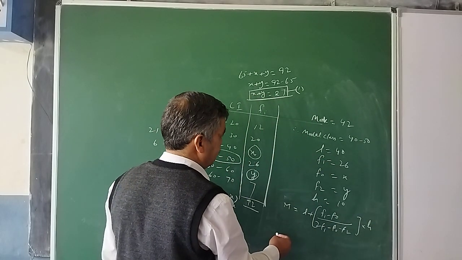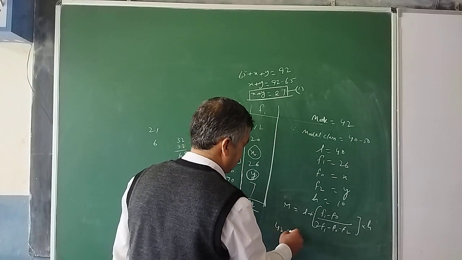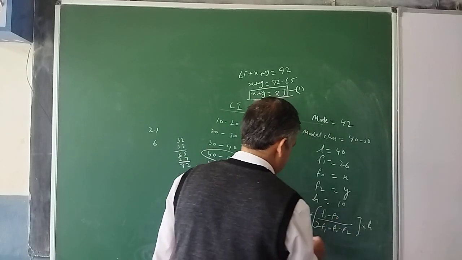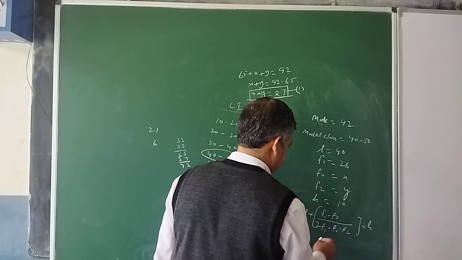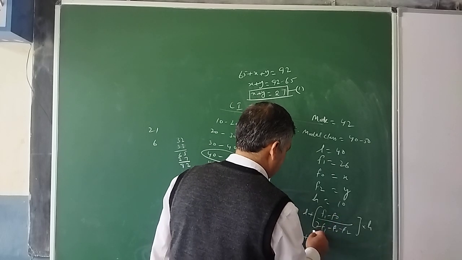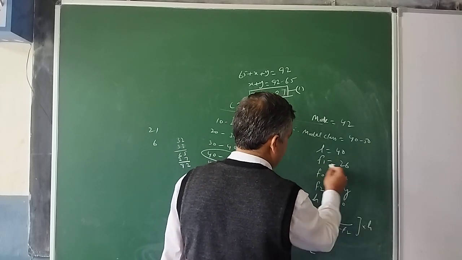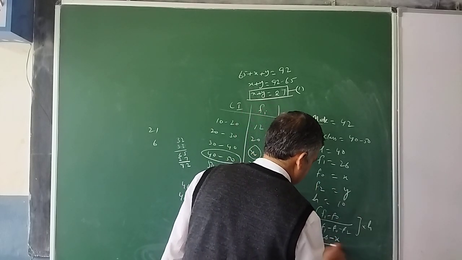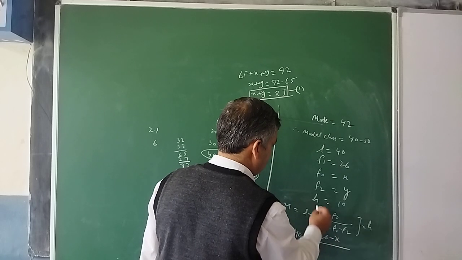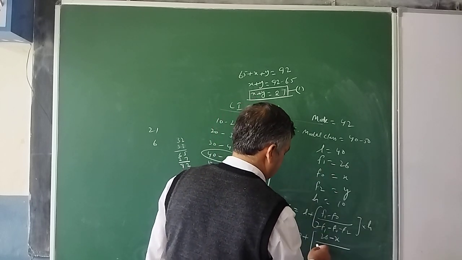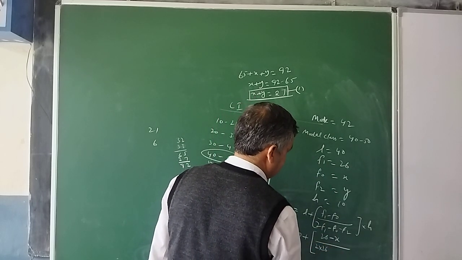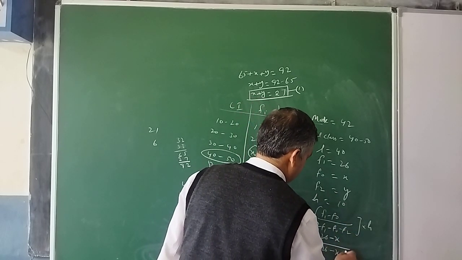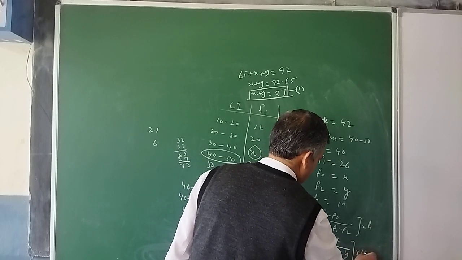As many times as you write it down, you will definitely be able to cope with the formula. So the mode is given to you, that is equal to 42. L now is 40 here. This is plus F1 minus F0. So F1 is 26, F0 is x here, and then here it is 2F1, 2 into 26 minus F0 is x, minus F2 is minus y, and into 10.